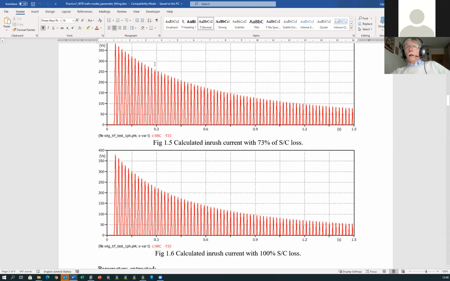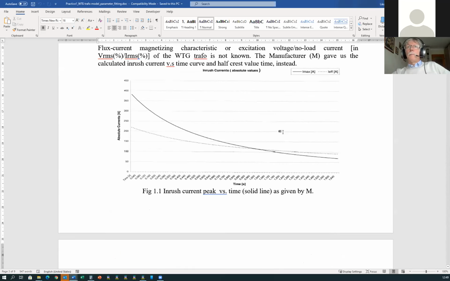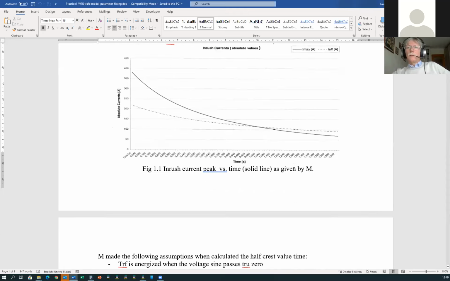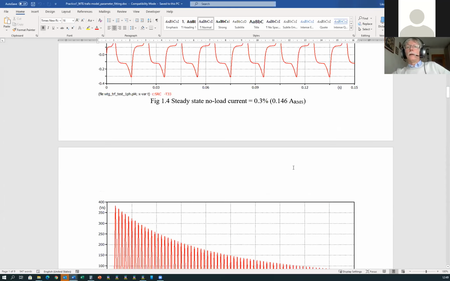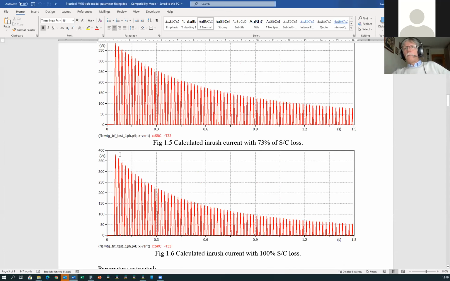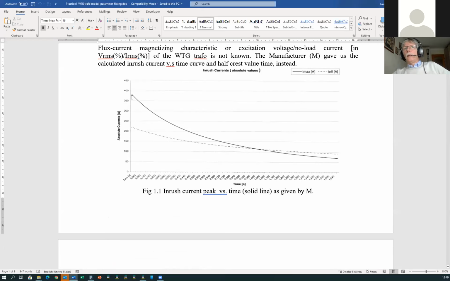So this way you can correct or override the manufacturer provided short circuit loss. Actually, it is not 15 kilowatt, it is just 11 kilowatt. If you enter these data into the BCTRAN dialog, the damping will be exactly as the curve we have seen at the beginning.